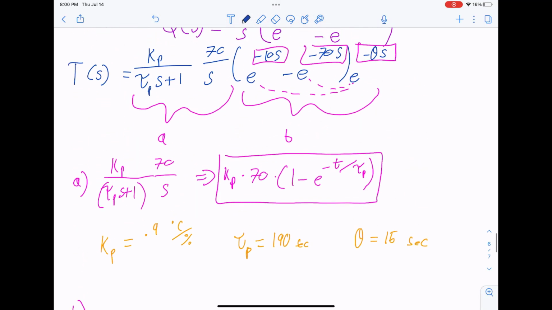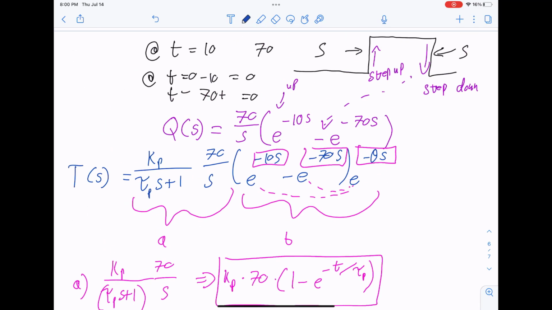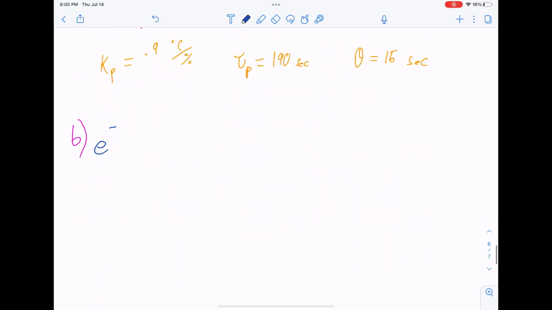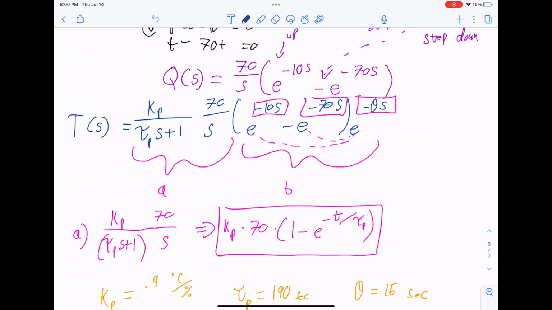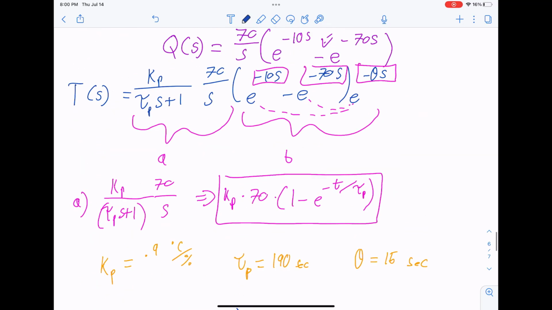Alright, so let's think this through. Our B then is e to the negative 10, and let's add negative 10s minus 15s together, so it's going to be negative 25s, minus e to the negative 15 plus negative 70, that's going to be e to the negative 85s. Wasn't that bad?